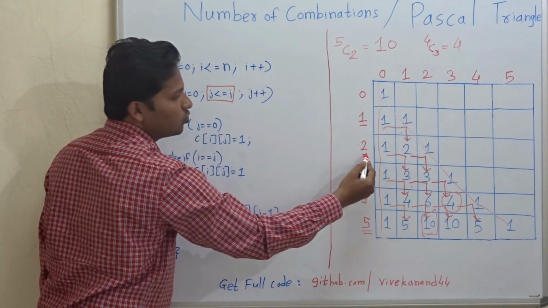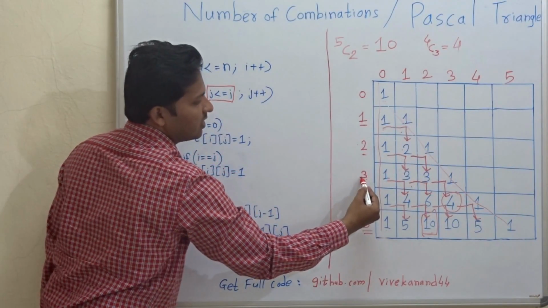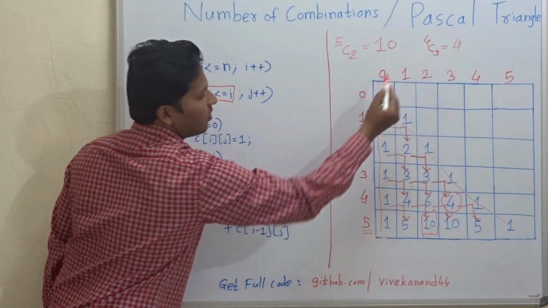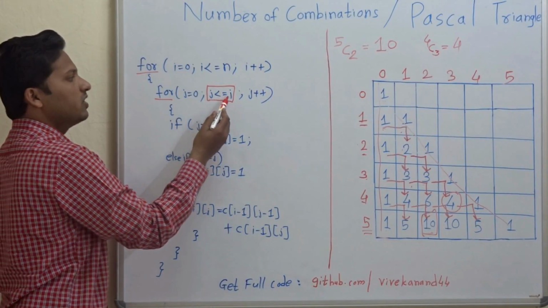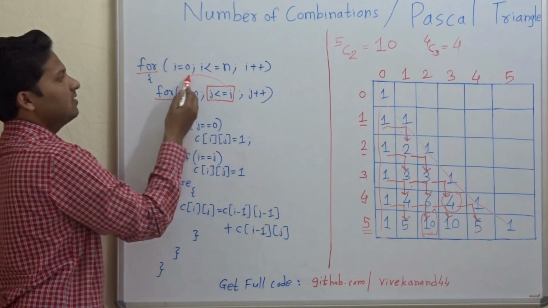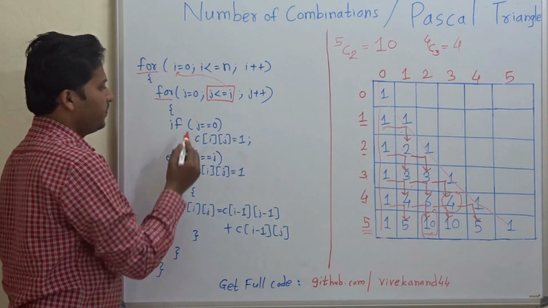If the row number is 2, we will go up to the second column. 3, we will go up to the third column. So which is why it is j is less than or equal to i. i traces the row.